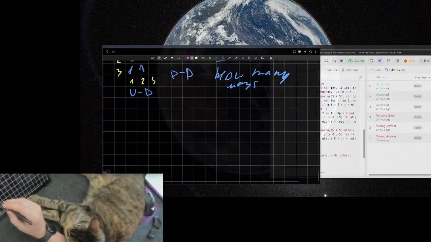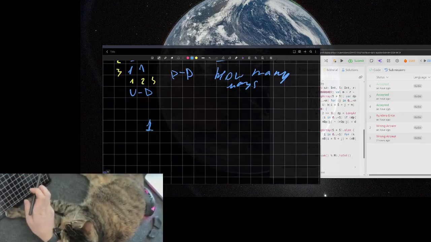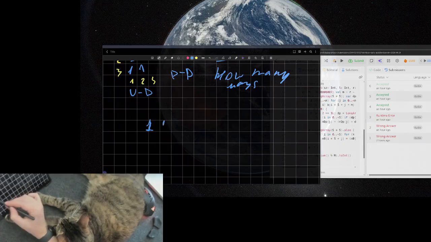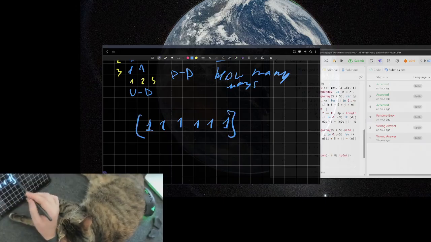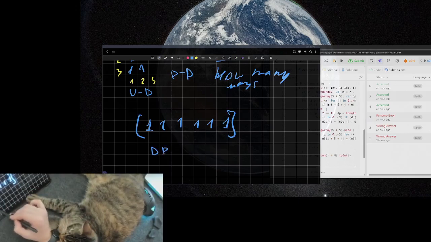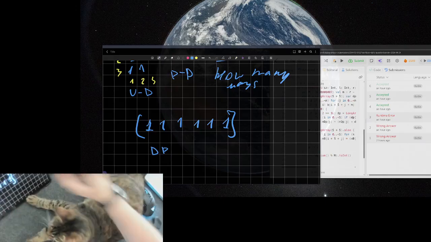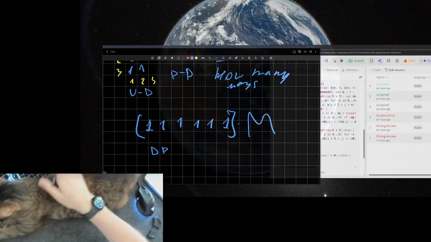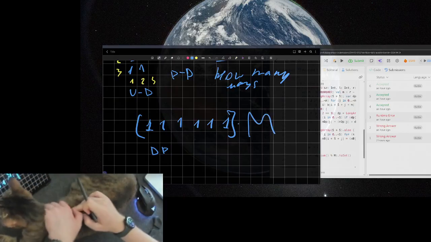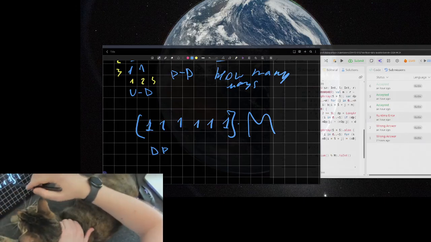So we have initial: from number 1 we go up, from number 2 we go up, from number 3 we go up, then from number 1 we go down, from number 2 we go down, and from number 3 we go down. This is an identity matrix, it's called DP, but it is a number of ways.